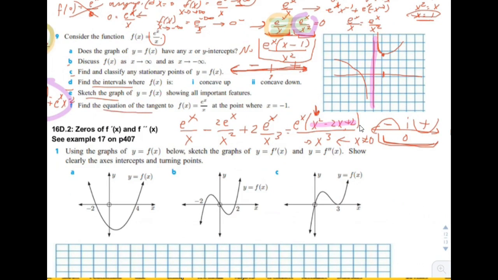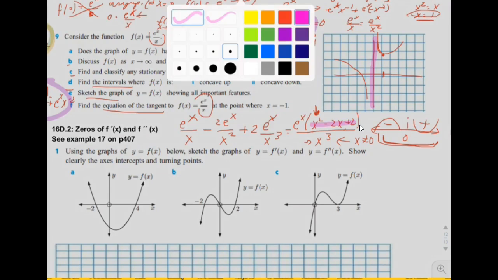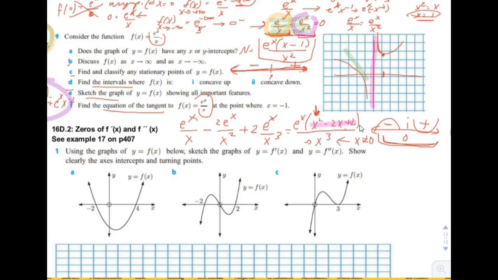Then it says, find the equation of the tangent to this line at the point where x equals -1. So it would be about there, right? I'm not going to use that same color. Okay, the tangent line is about like that, at x equals -1. So how do we find that?